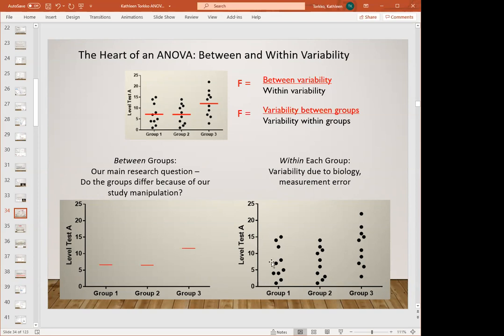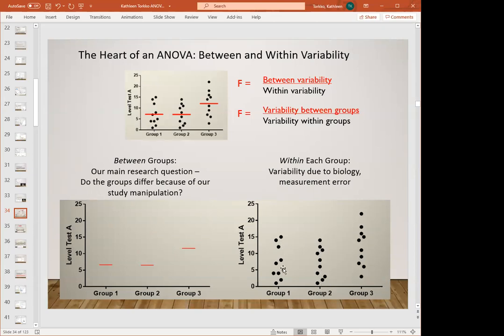But looking then at within each group, here are the data points that were used to calculate the means of the groups. And we see they can be quite variable. This could be just due to biology. It could be due to measurement error. It could be something that is hard to measure, like blood pressure, which varies. This could be human error, but it also does measure biological variability within the group.